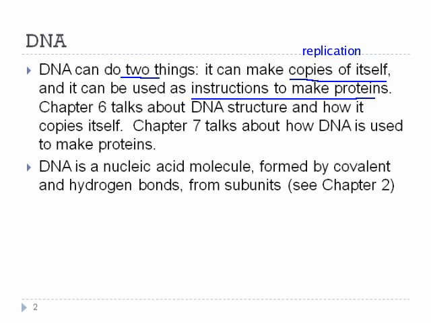The steps of making proteins are transcription and translation. So Chapter 6 does the DNA structure and the DNA replication piece, and then Chapter 7 talks about the transcription and translation piece.